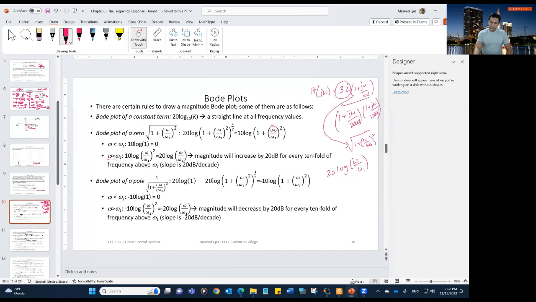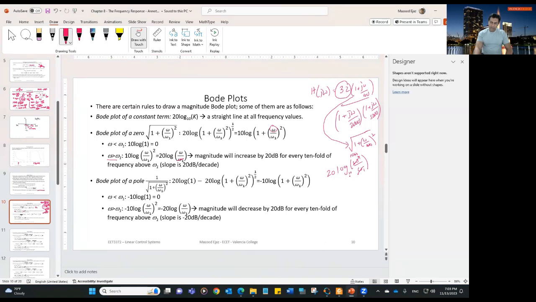So if I increase this frequency 10-fold with respect to omega 1, as long as omega is less than omega 1, it's 0 anyway. So I'm going to start at omega greater than omega 1. Let's say omega is 10 omega 1, 10-fold of that. Omega 1 will cancel out, and I have 20 log to the base 10 of 10.